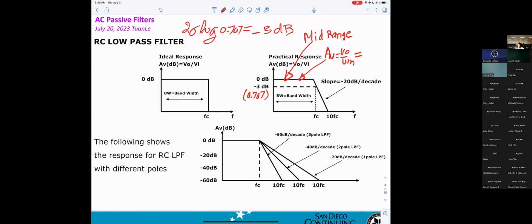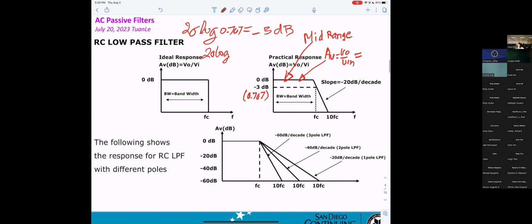And now you want to say what is equivalent to 0 dB.